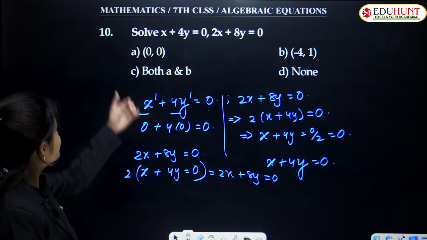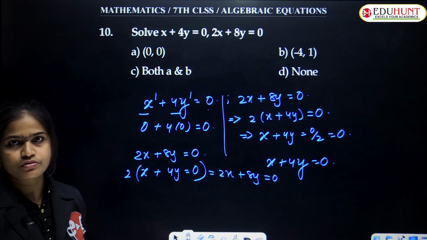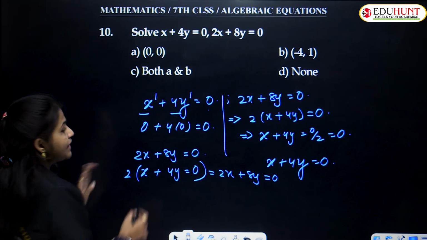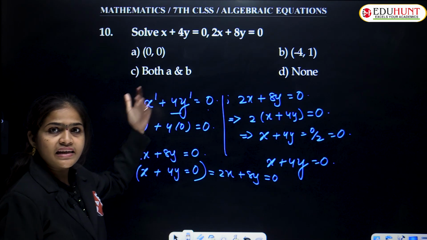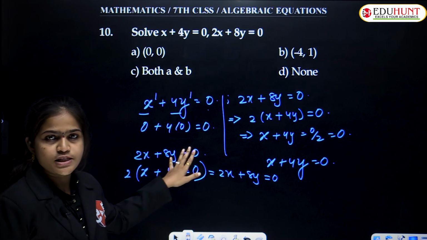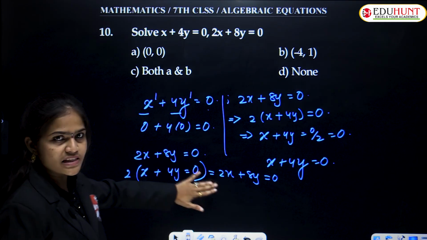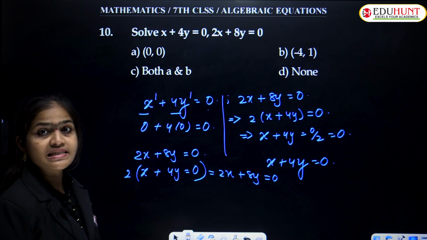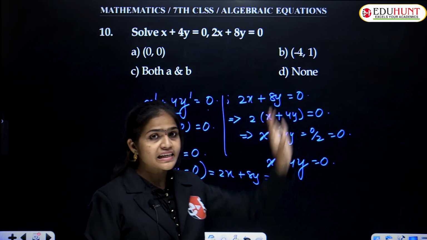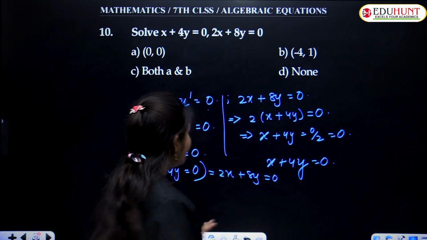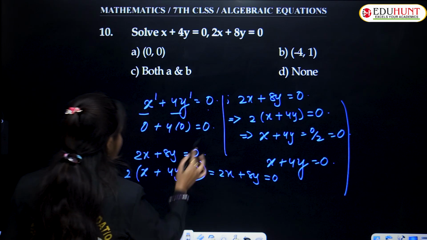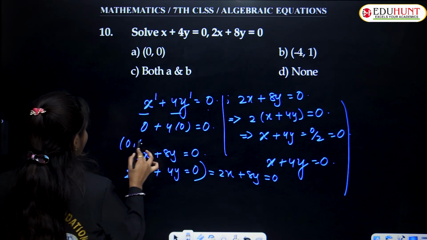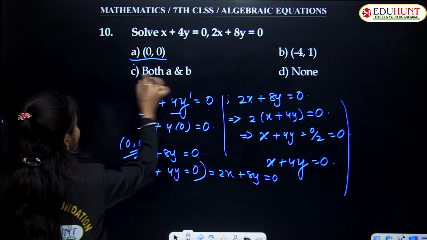So simply by substituting we can find the values. Directly, by seeing this, we can say that 0 and 0 satisfies. Now come to the options, whether any other value satisfies the given equation or not. One of the answers is 0, 0.